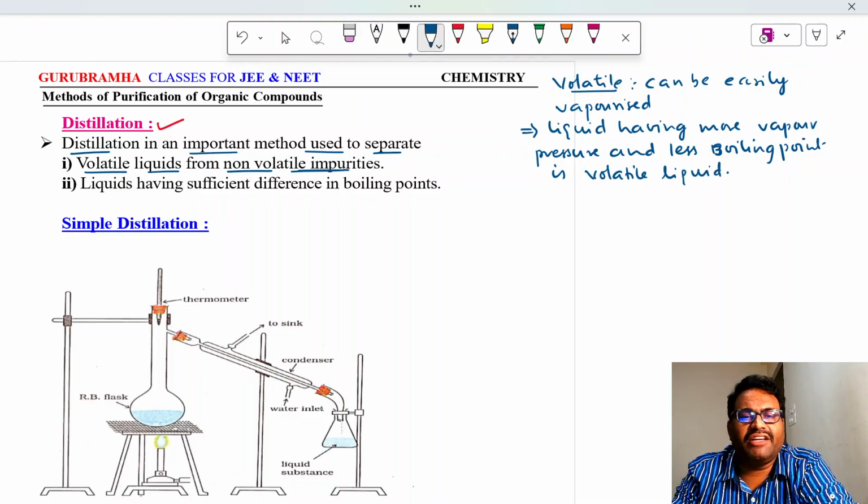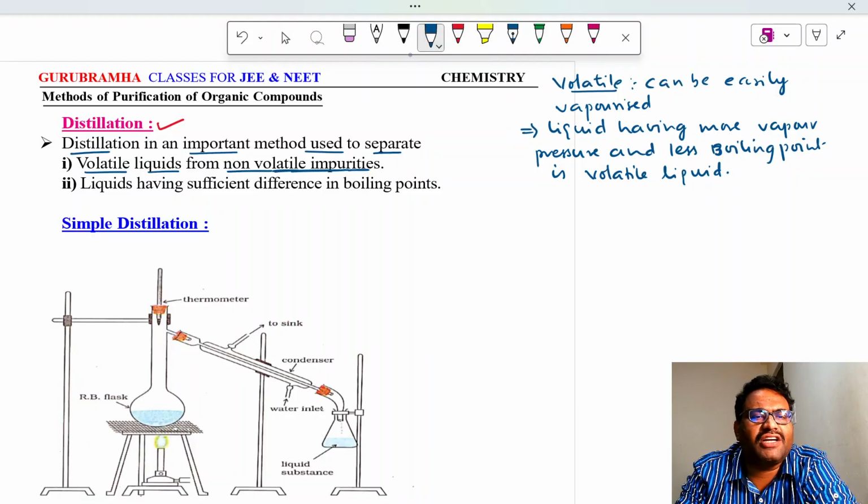This volatile liquid is associated with some non-volatile impurities. Non-volatile means which does not vaporize. So if volatile liquids and non-volatile impurities are present, then you can separate them by the process called distillation.